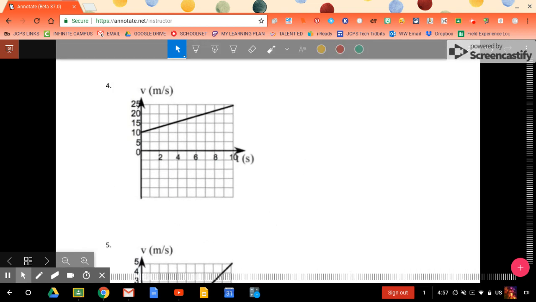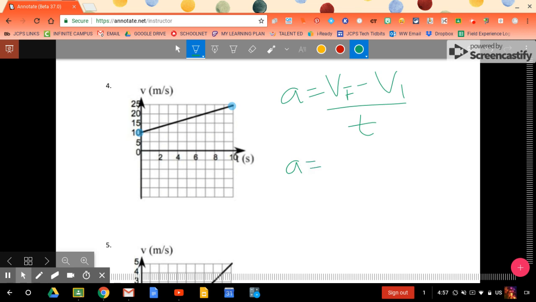So this is, again, you're finding your acceleration. So my first step, I like to write my equation. Acceleration equals final velocity minus the initial velocity divided by time. I highlight my start point and my end point. The first one I did was my final, that's the end of the graph. Normally on your x-axis is your initial.